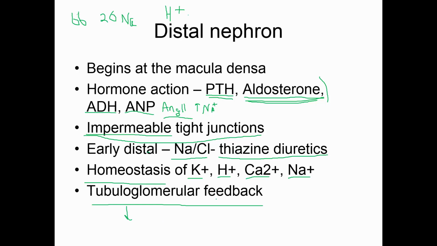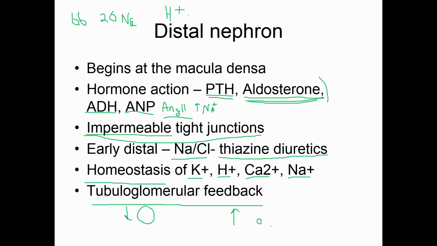If there's a whole bunch of sodium and chloride showing up at the distal tubule, that means the GFR is too high, and the afferent arteriole is going to be constricted. So I'll make a dilated versus a constricted to lower the GFR and get the level of work at the distal tubule back into check.